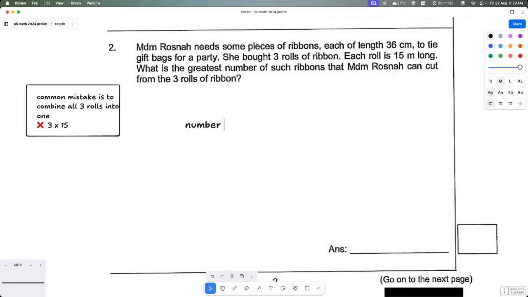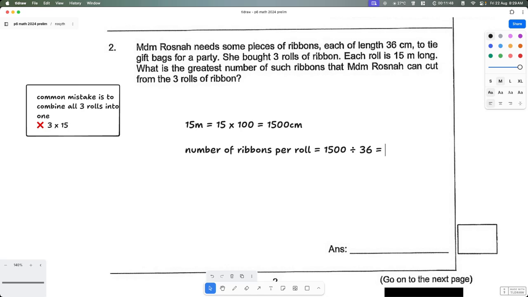So number of ribbons per roll is equal to 15 meters, which is 15 times 100, which is 1500 centimeters. Then we divide it by 36.